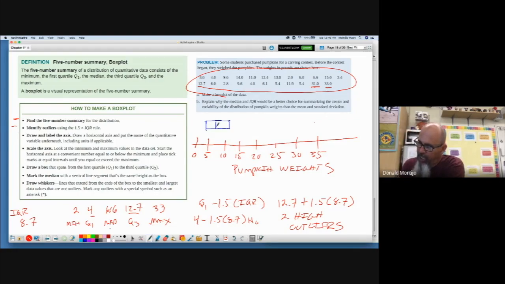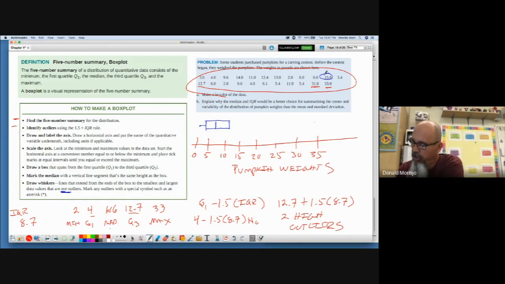Draw whiskers, lines that extend from the ends of the box to the smallest and largest data values that are not outliers. Okay, so my smallest value that's not an outlier is 2. My largest value that is not an outlier is 15.